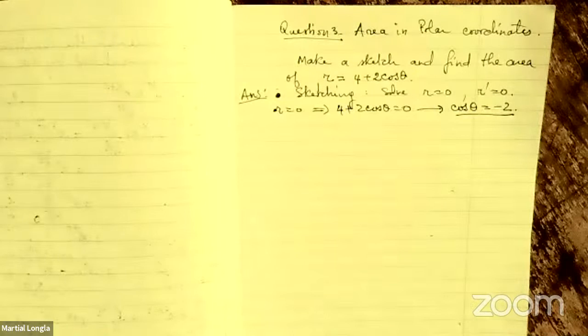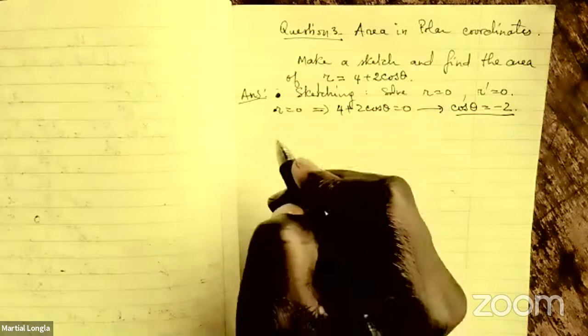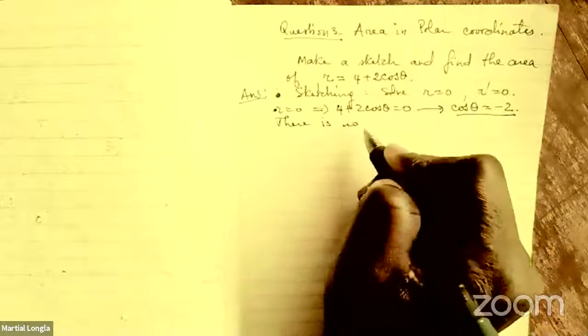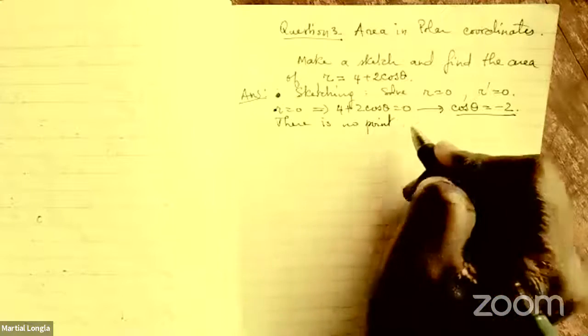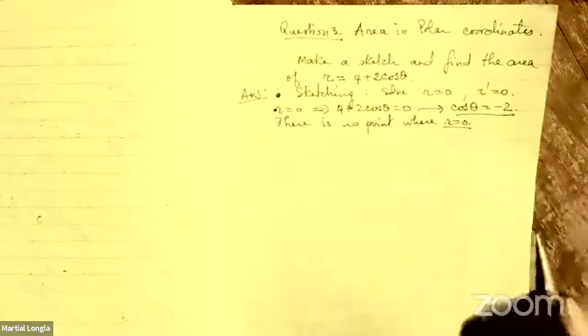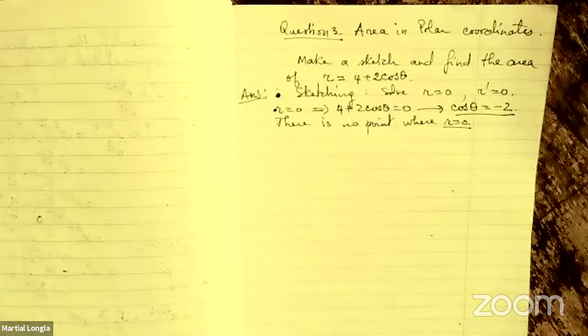In this case, there is no way cosine theta can be equal to -2, so there is no point where r equals 0. And if there is no point where r equals 0, that means that the curve doesn't go through the origin.